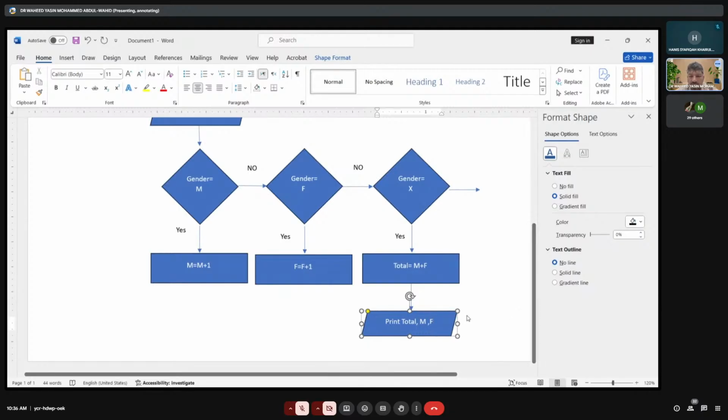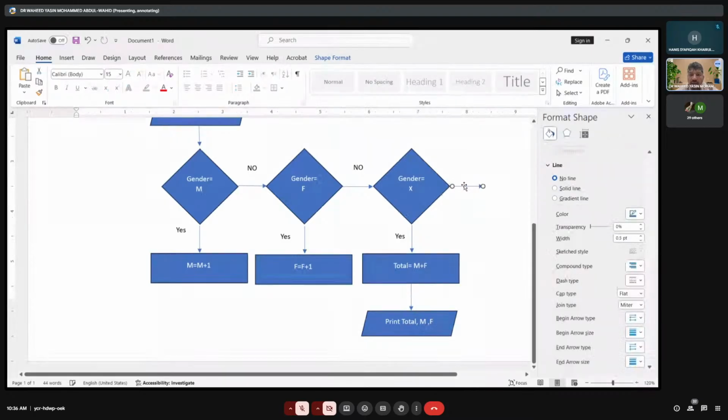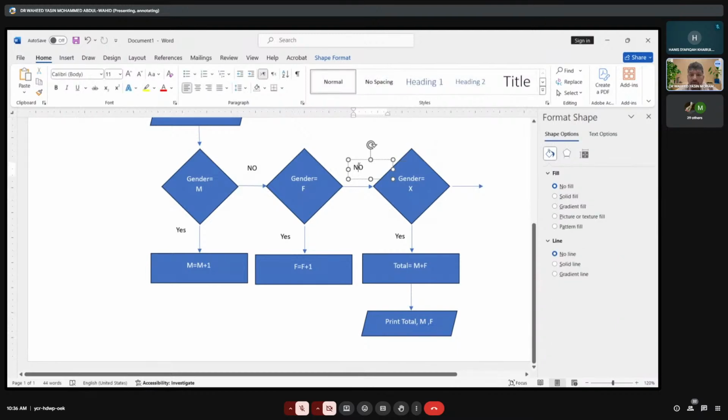Then we have here, if gender equal... no. What do we have to do if it is no?